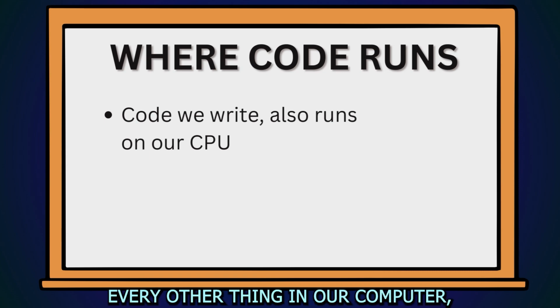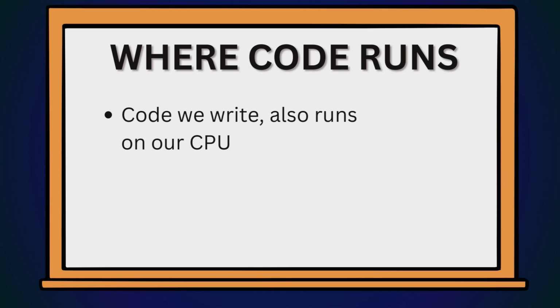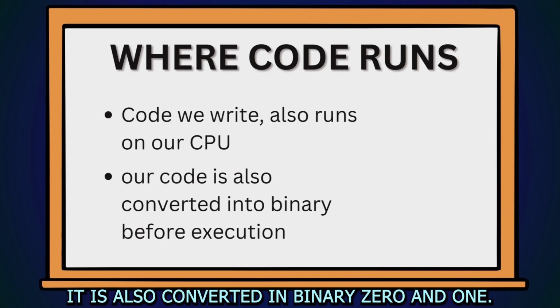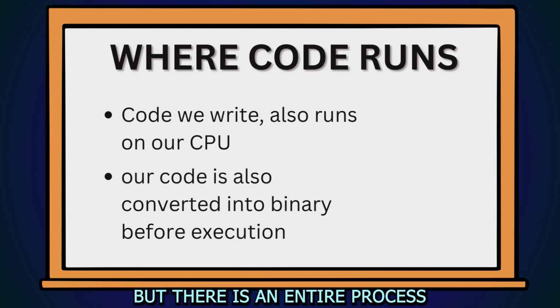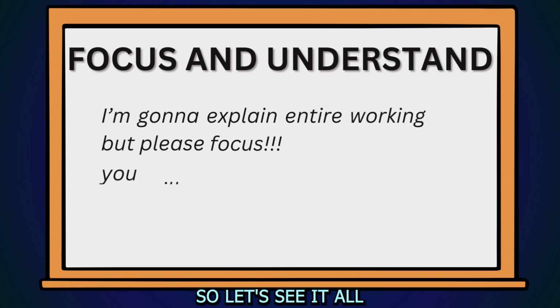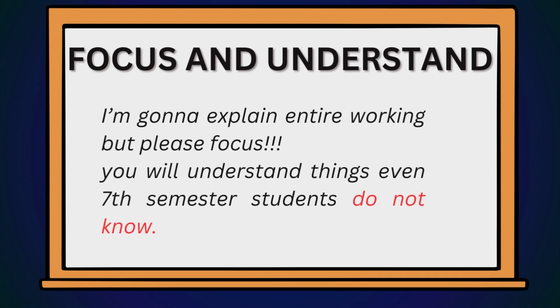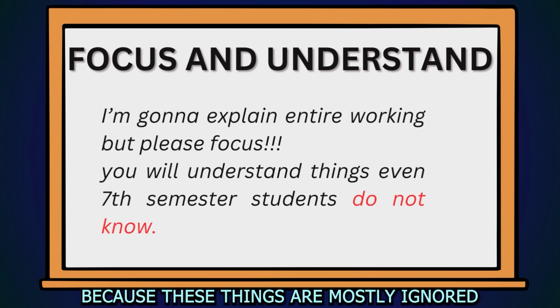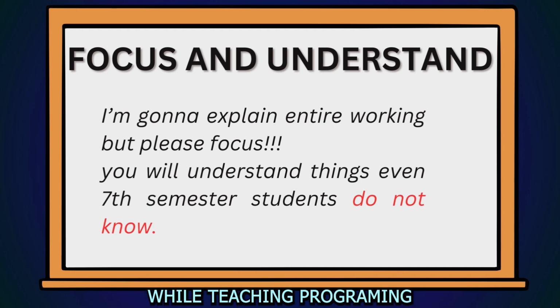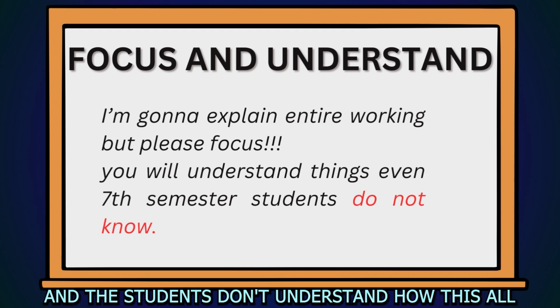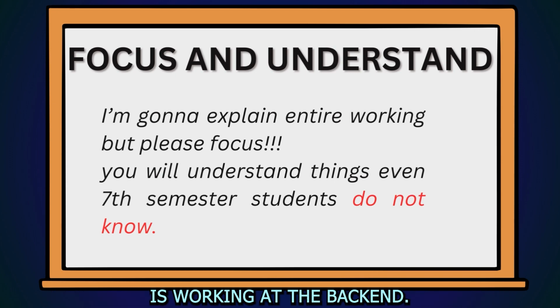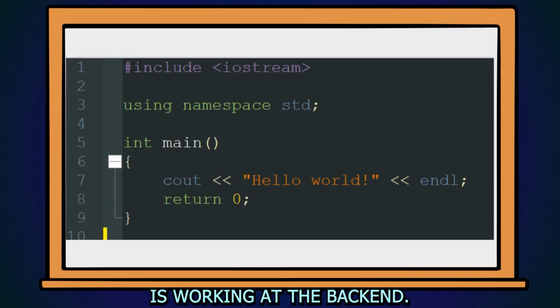And just like every other thing in our computer, it is also converted into binary 0 and 1. But there is an entire process that goes on in the backend. So let's see it all, because these things are mostly ignored while teaching programming, and the students don't understand how this all is working at the backend.